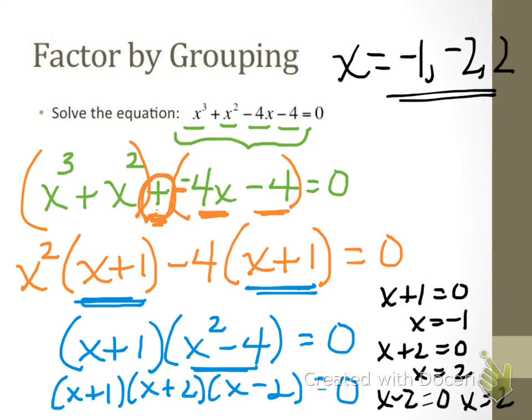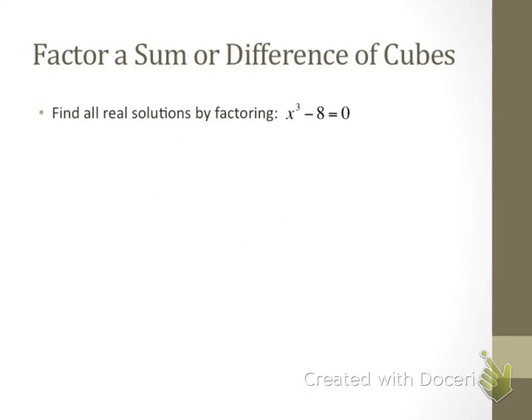Okay? Now, we also have a particular pattern that we can use. Just like we have a difference of squares, like we just used in the previous example, we also have a pattern for difference or sum of cubes. And the pattern looks like this.